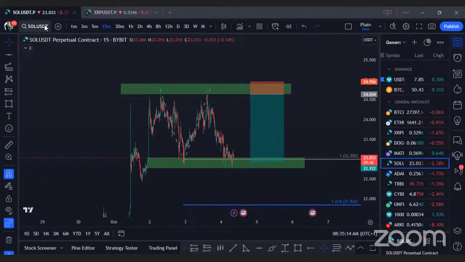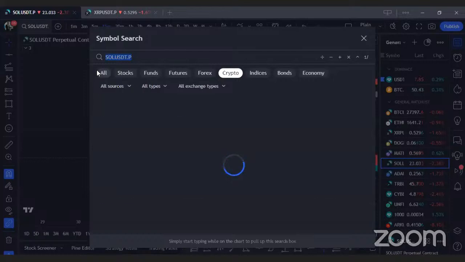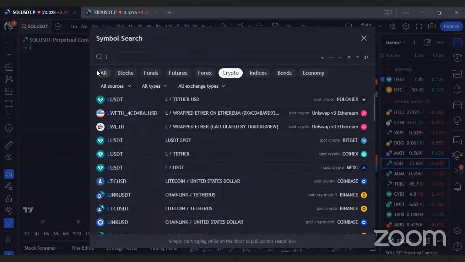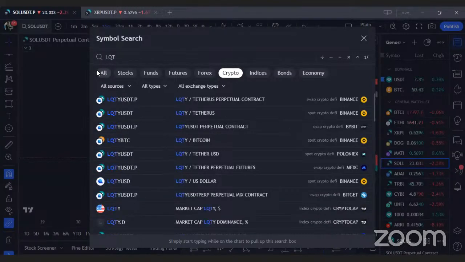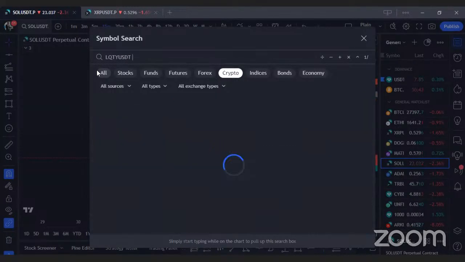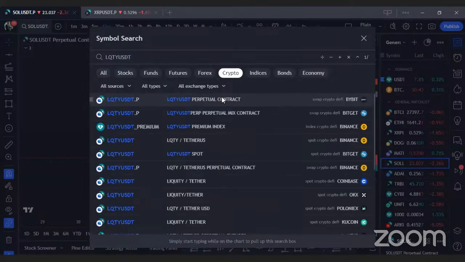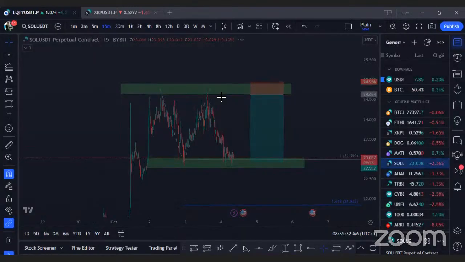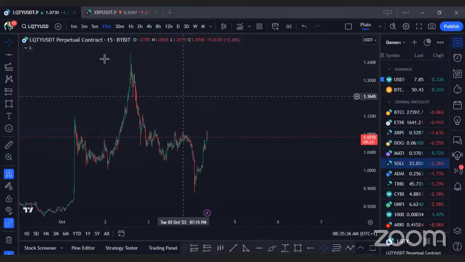Okay, another token is, let's look at this LQTY USDT. The token is up by 4% plus.